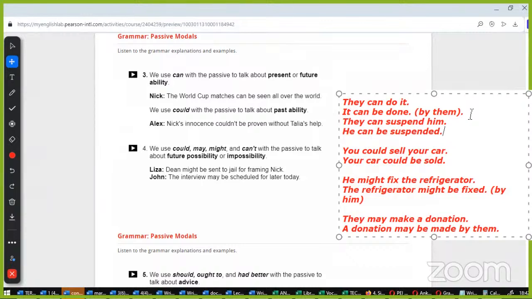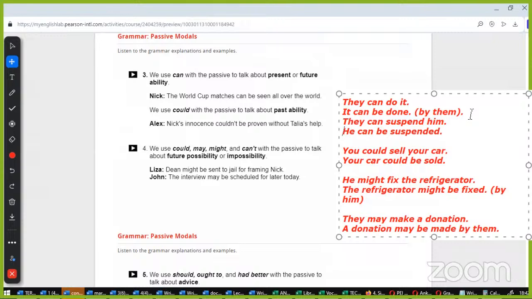In present. Yes. And this is future ability. This is also future ability, because they can also suspend him in the future. Okay, yeah, I understand now. It could be both. I was confused because I thought the first is in present and the second one is in past or something like that. No, both of them can express future.